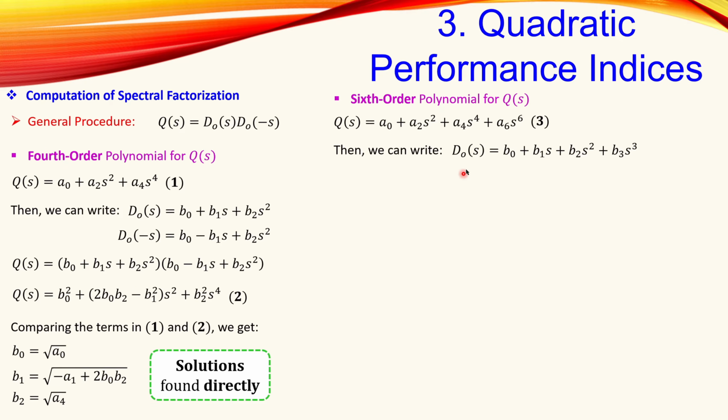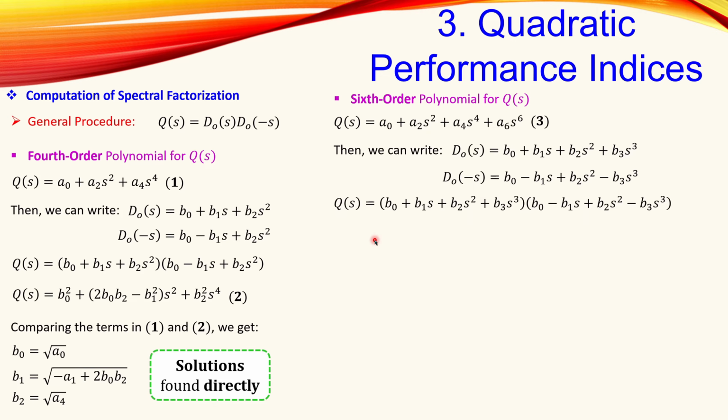Now we can write again our Hurwitz polynomial, but in this case with a 3rd order polynomial: b0, b1, b2 and b3, and also for the minus s variant. Okay, then we multiply these two. If you work out the parentheses correctly, you will get this final result. Let's call this equation number 4.